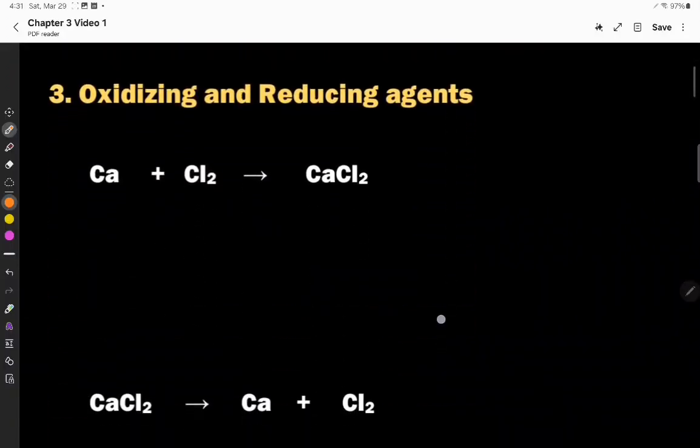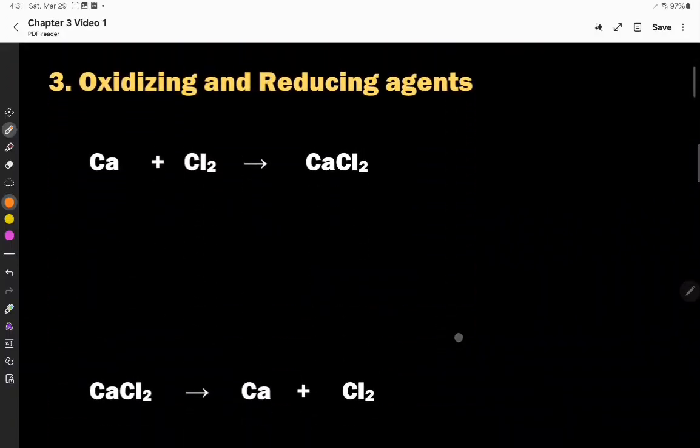Let's see here. Now, the oxidizing and reducing agent. Usually it asks us about which substance is oxidized, which substance is reduced, and it asks us about the oxidizing and the reducing agent. Calcium, if we look here, is 0. Now in a compound it became 2+. Chlorine is 0.